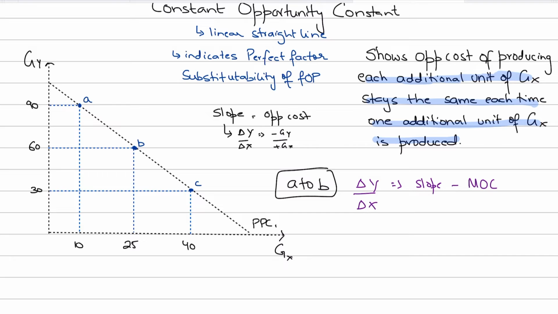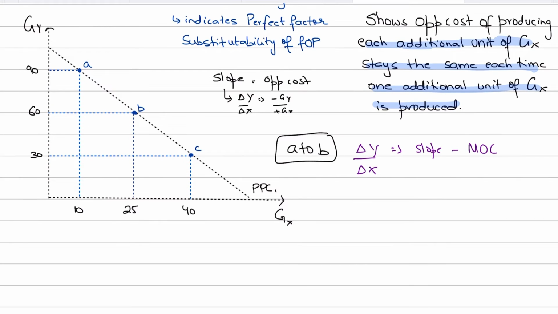If you move from point A to point B, you're foregoing 30 units of good y in order to produce 15 units of good x.